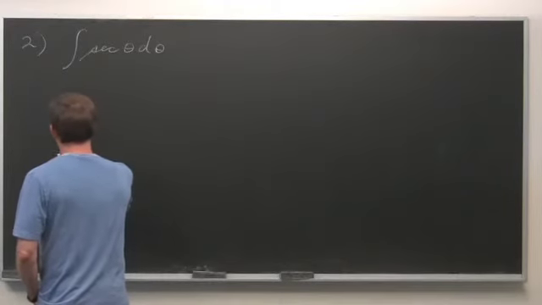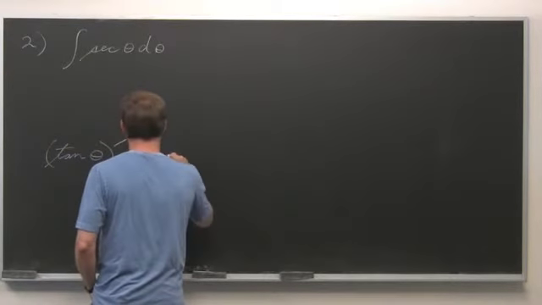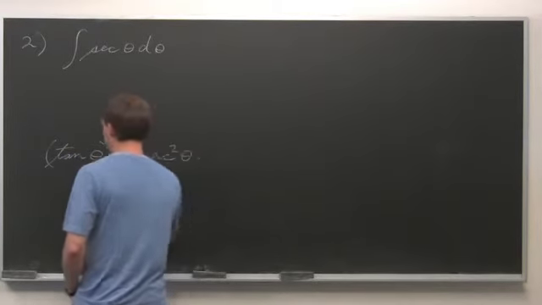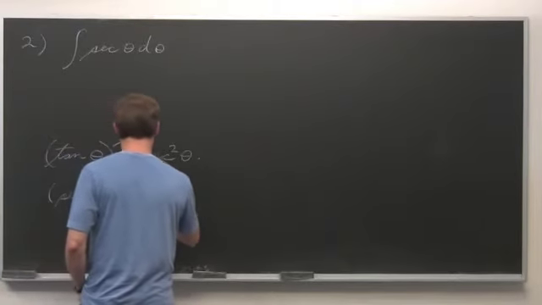I think the easiest way to see this is you look at the derivatives of tangent and secant. So the derivative of tan theta, you're supposed to know it's secant squared theta. And the derivative of secant theta, you're supposed to know it's secant theta times tan theta.